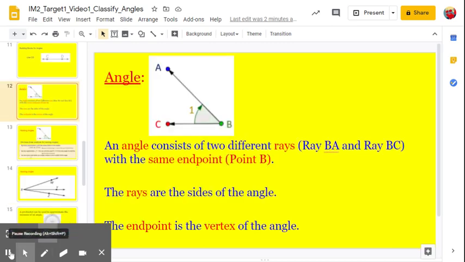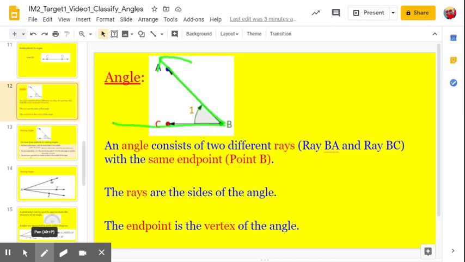So I want you to understand that an angle consists of two different rays with the same endpoint. So in this example, we have ray BA here, this ray right here, going on forever. And then we have ray BC going this direction forever.